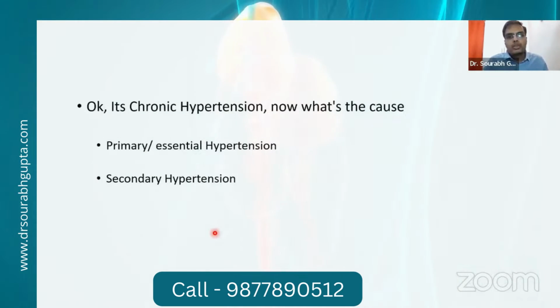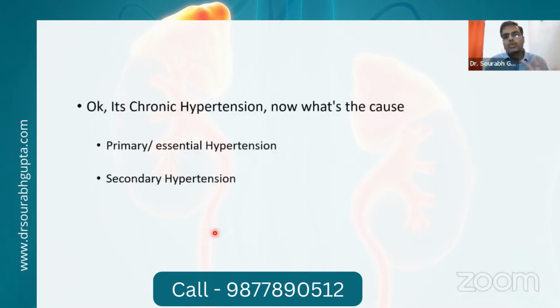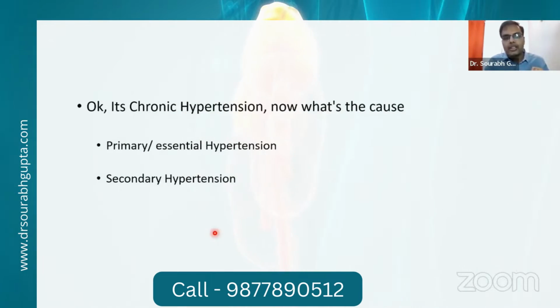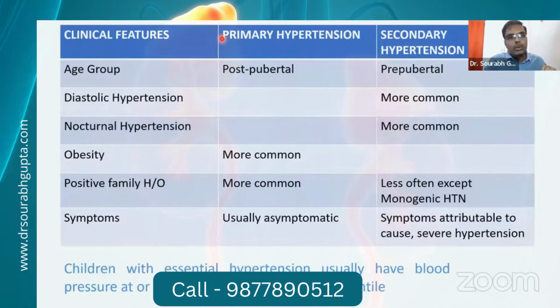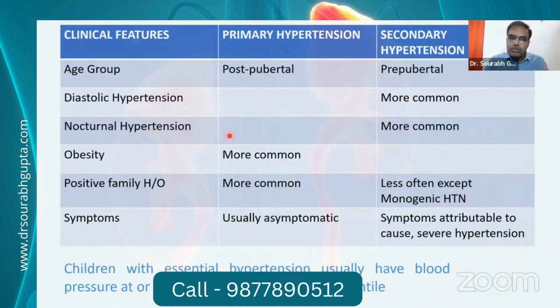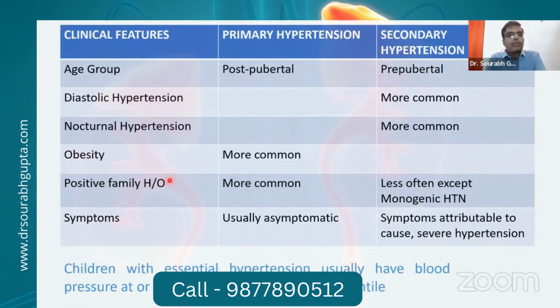So if it is chronic hypertension, now we need to know what the cause is. Is it primary or secondary? Primary means we don't have a cause, just like most adults, and in secondary we can actually find the cause and treat it. Mostly primary hypertension happens in the post-pubertal age group. They might be obese and have a positive family history, and mostly they will be asymptomatic.